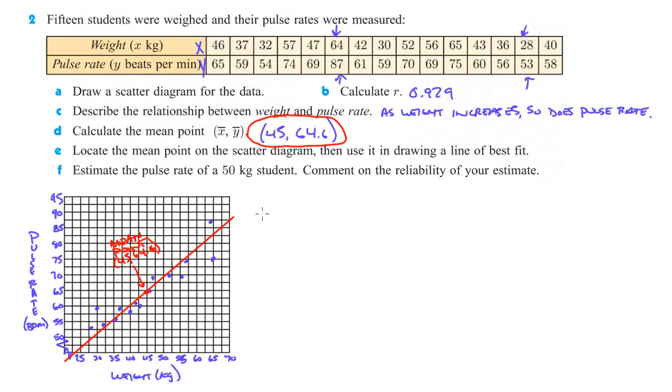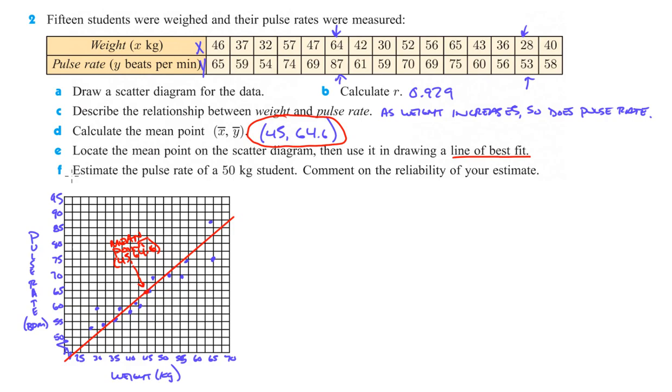But that's how you use it to draw a line of best fit, and it's going to be close-ish. It's not an exact science, at least as far as what we need to worry about, but it does have to include the mean point.